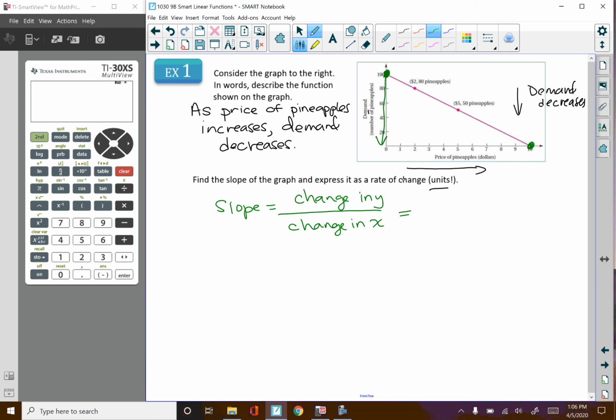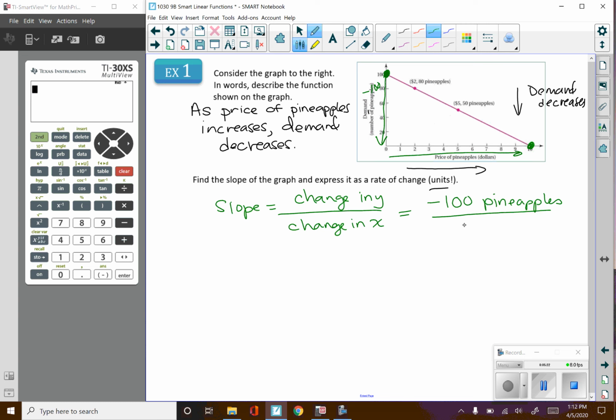So the demand changed negative 100 pineapples. And then we need to divide that negative 100 pineapples by the change in the x variable. So it changed from 0 to 10, so $10. And that x-axis is dollars.